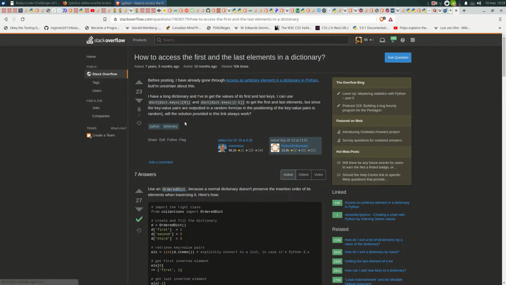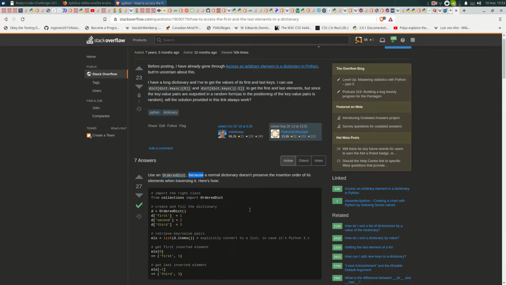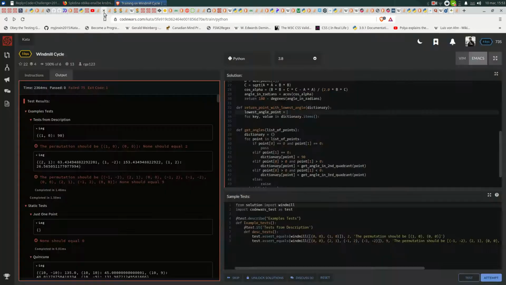Oh, do we need to do a collection? Use an ordered dict, because a normal dictionary doesn't preserve the insertion order of its elements when traversing it. Okay, do we really need to do that?